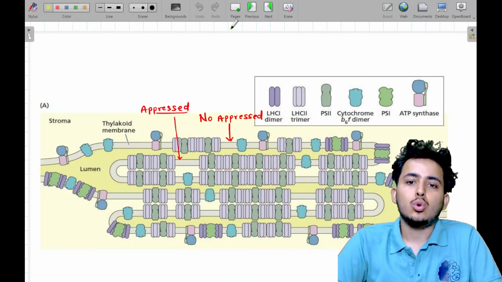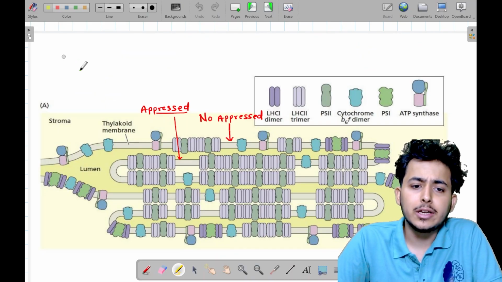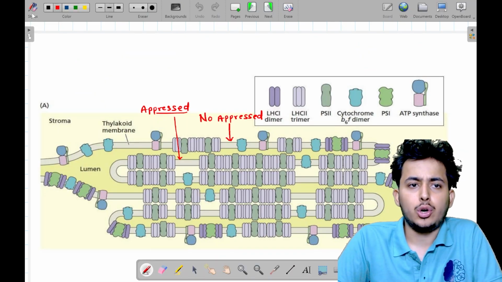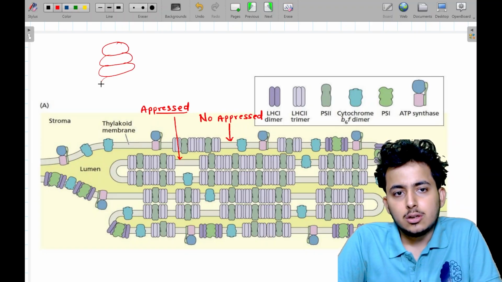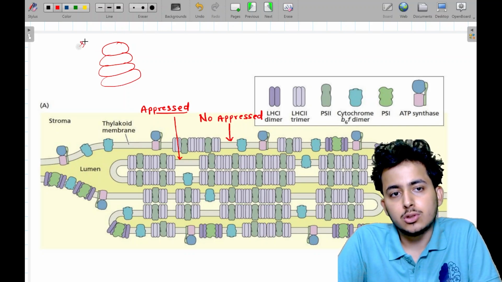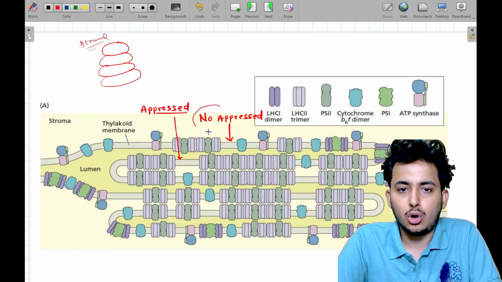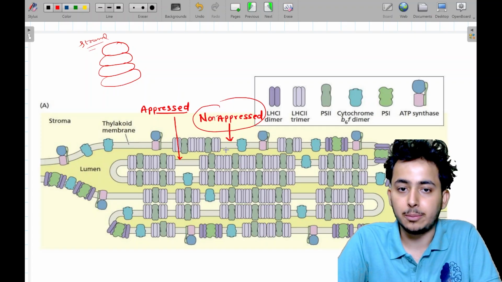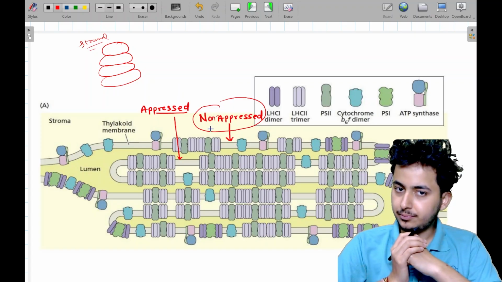Basically, I told you that there are different kinds of arrangements of the thylakoid in the chloroplast. The thylakoid could be more exposed to the stromal side. If it is more exposed to the stromal side, then it is called non-appressed, that means it is more accessible to the stroma.